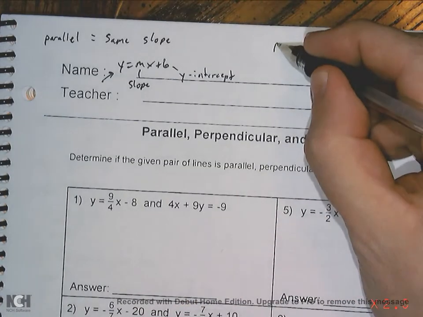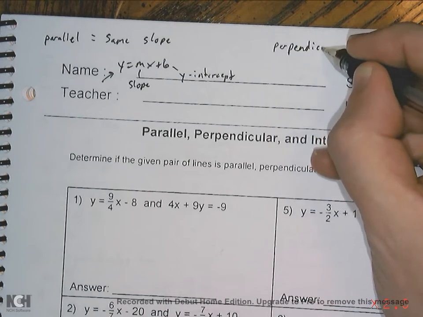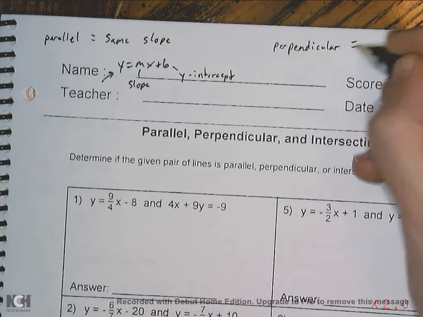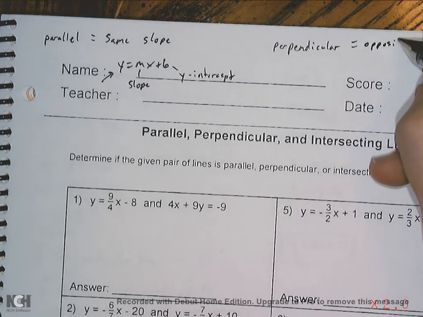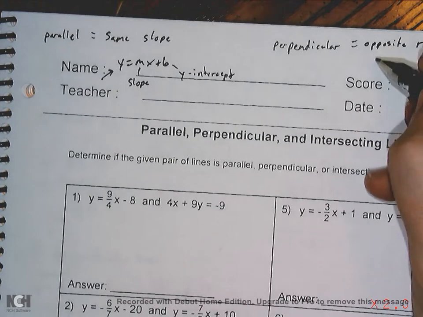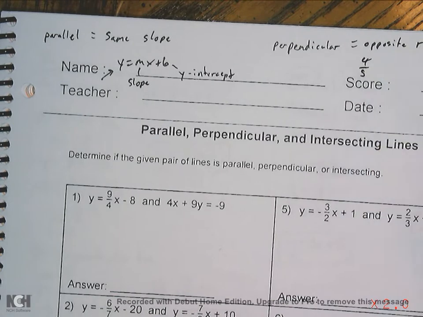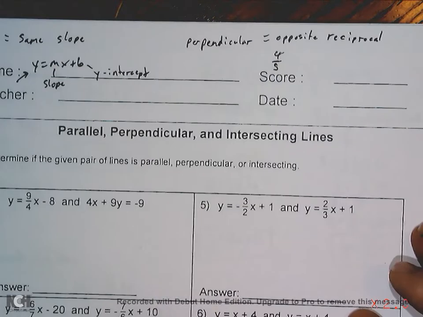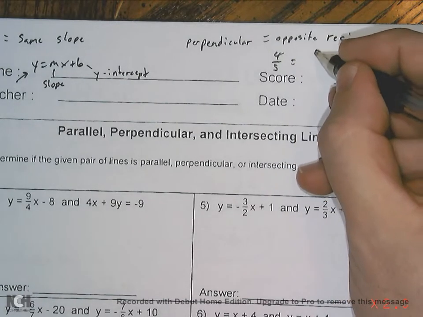Now, perpendicular lines, the slope is the opposite reciprocal. What that means is if you have a fraction, so let's say 4 over 5, the opposite reciprocal would flip the fraction and change the sign.